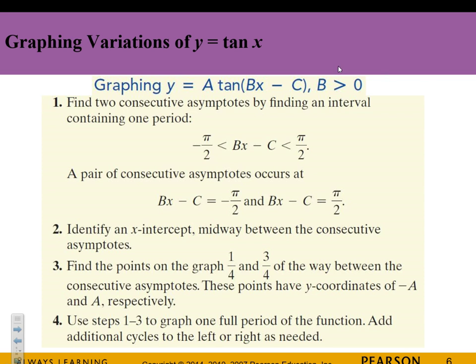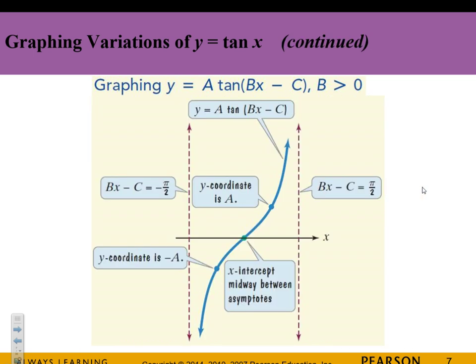Just more information. Again, this can also have your stretches and your phase shifts and all that good stuff. So there's your A, there's your B, there's your C. And yes, you can even shift it up if you wanted to. It's going to be kind of weird, but it is what it is. What's on here that we haven't talked about?